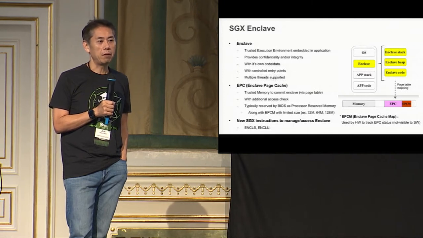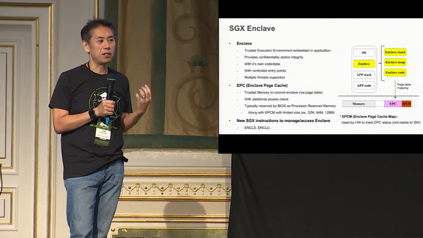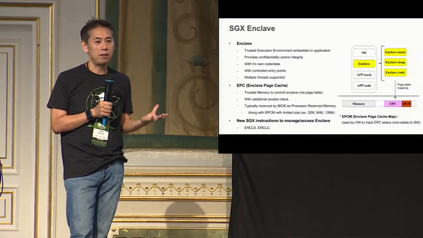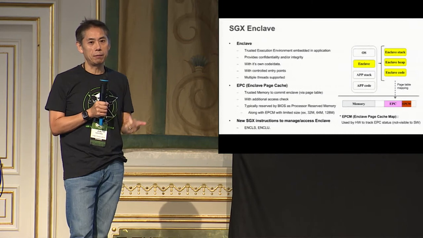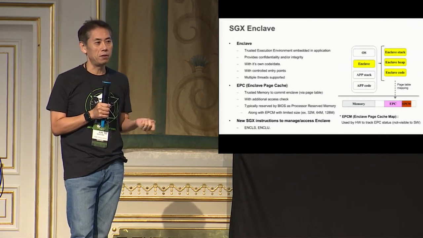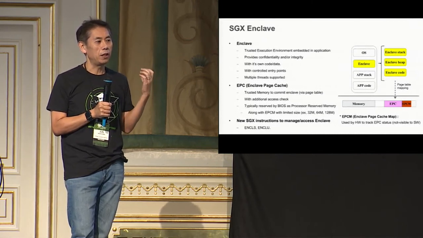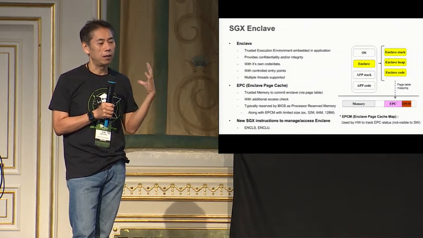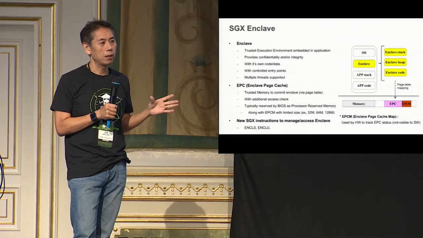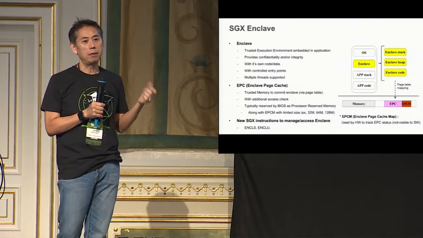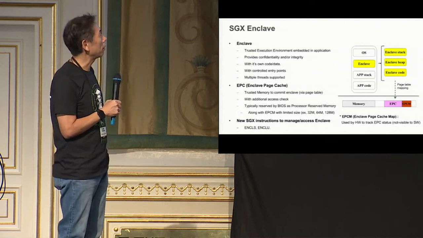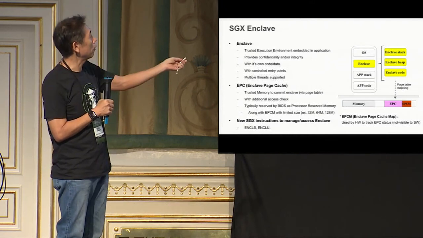And in enclave, you basically do your secret stuff, right? So if you have sensitive information or doing some confidential things, then you create an enclave and you do that kind of thing in the enclave. In the enclave, you can have data, also the code, and then the stack, okay? That kind of thing, okay? This one.